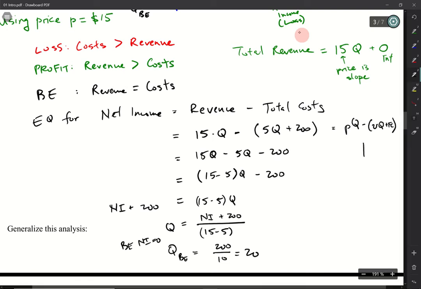So if you think about it, what we're doing is we have net income plus fixed costs equals price minus variable cost times Q. So basically we're getting Q is equal to net income plus fixed costs over price minus variable cost, and then Q at break even is equal to really fixed costs divided by P minus VC.